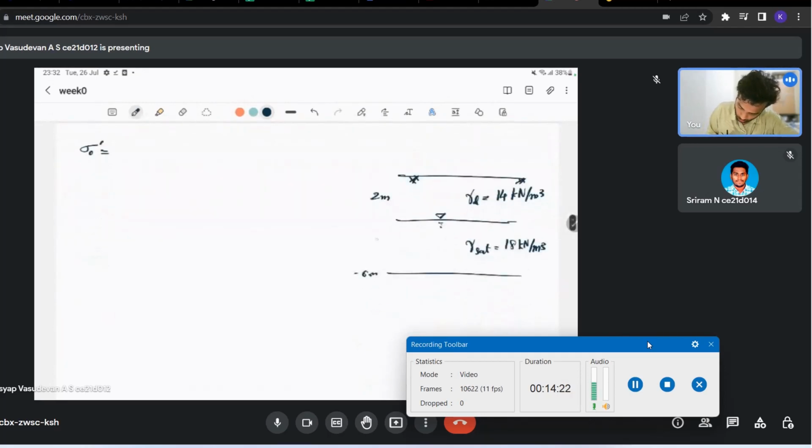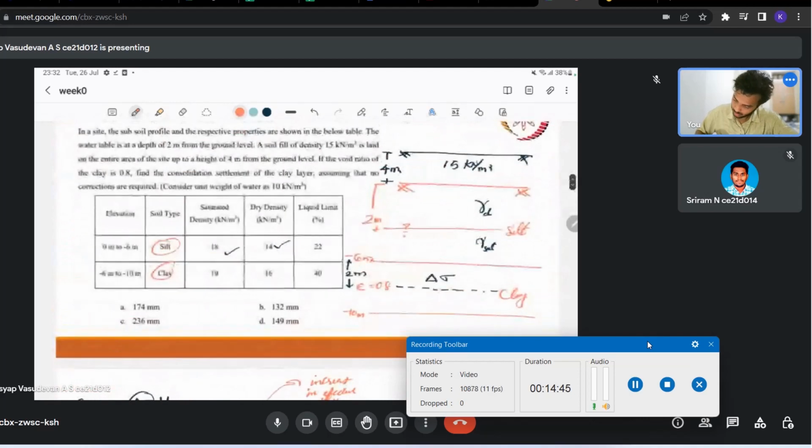So this is 4 meters. And the clay layer which we are interested in is midway, so this will be 2 meters, and this gamma sat is 19 kilonewton per meter cube.